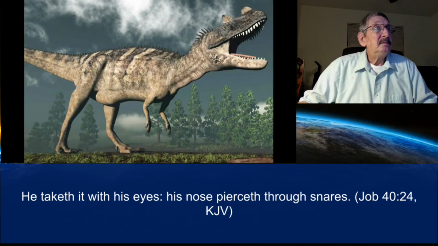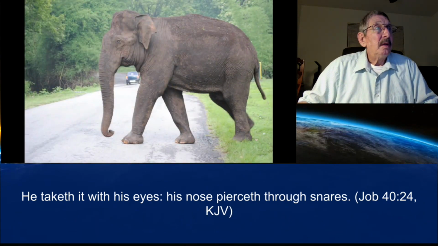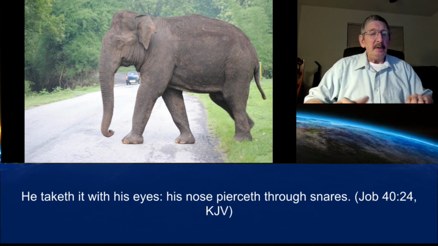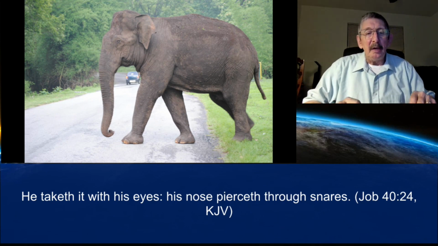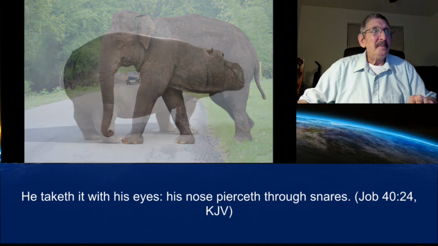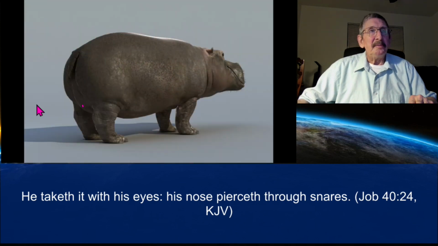Most people believe that what Job is talking about here, what God is talking about, is either an elephant, and I want you to make note of his tail, or a rhinoceros, or a hippo, and notice his tail. I think you know where I'm going. God said that, let me bring that verse back up. I want you to make sure you see that verse.